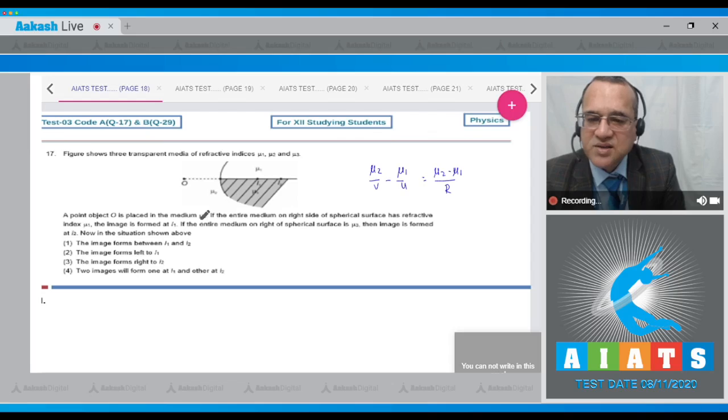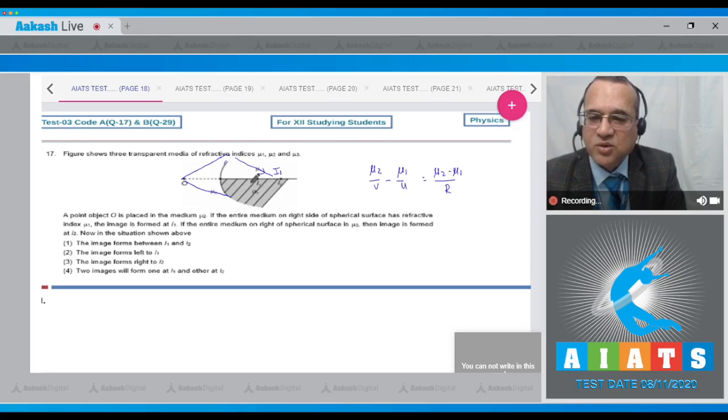In both the cases R is the same, but in the upper part, this refractive index is different from this one. So for this object, whenever you search for the image, in this case after the refraction, the image is formed at this one. Originally, it was also formed at this point. And likewise from here, this image will be formed in this medium.